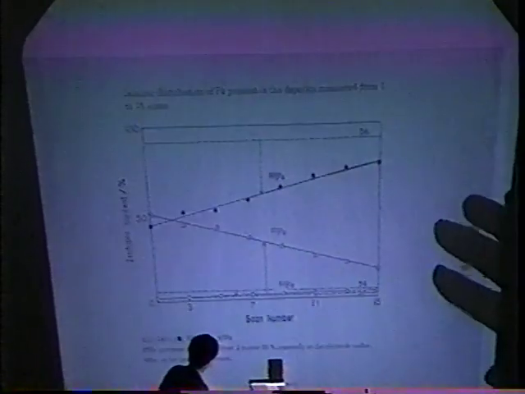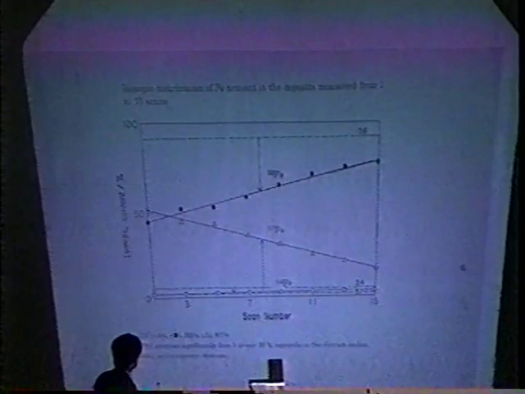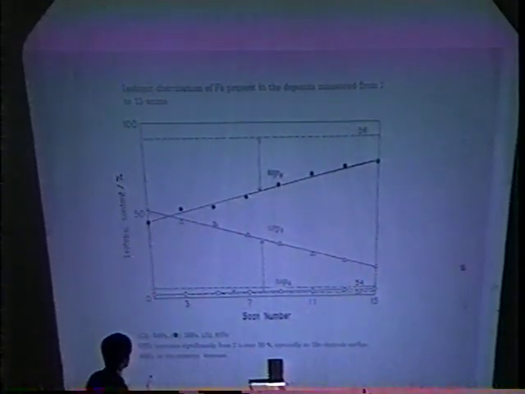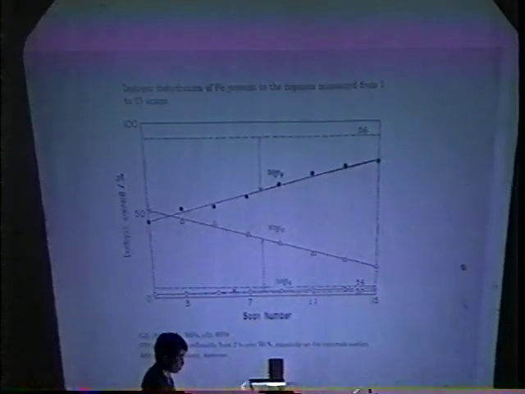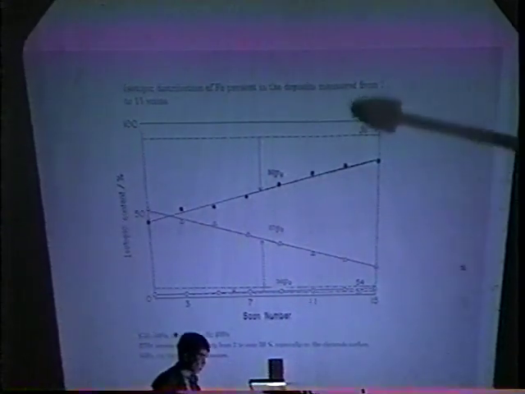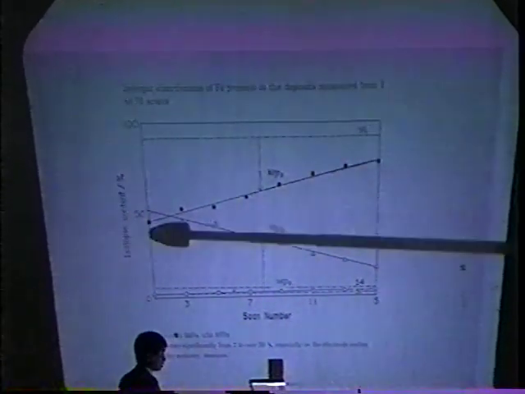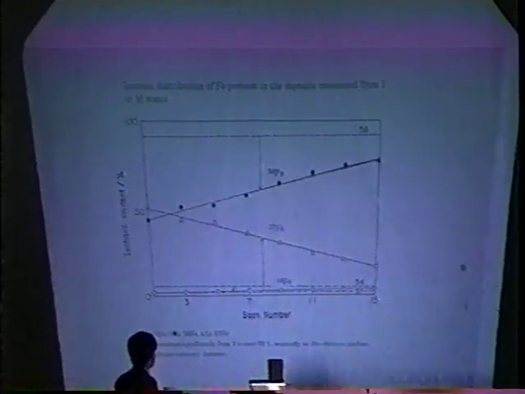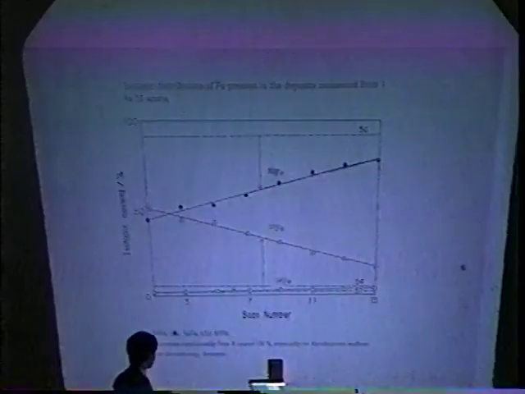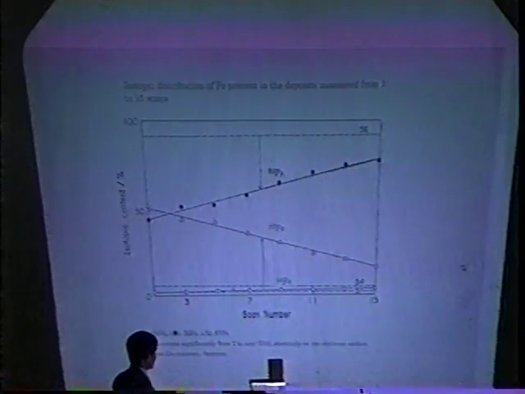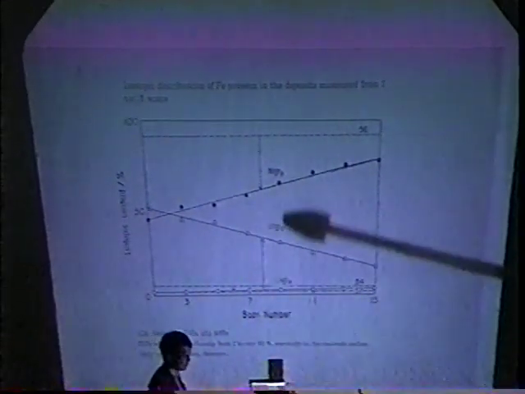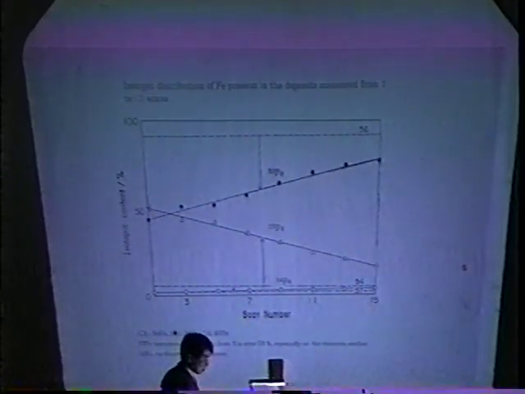This is the isotopic distribution of iron. In this case, the main component is iron 56. And on the contrary, iron 57 decreases significantly.